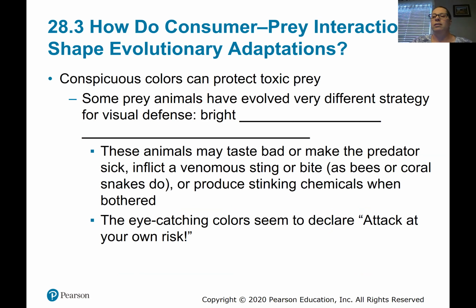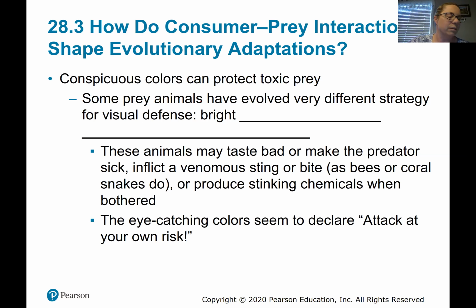Now, have you ever noticed that bees and yellow jackets and bumblebees and some other insects are all yellow and black? Okay, we're going to talk about that here in just a second. But when you see something that's yellow and black, or if you're in South America and you find a brightly colored frog or toad, you'll know that those things are poisonous and they're dangerous.